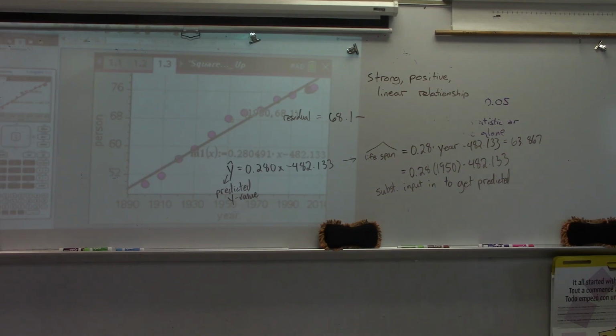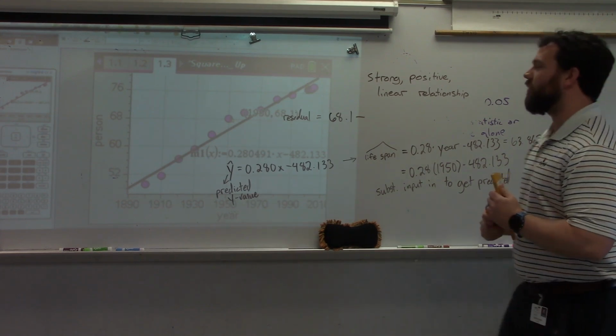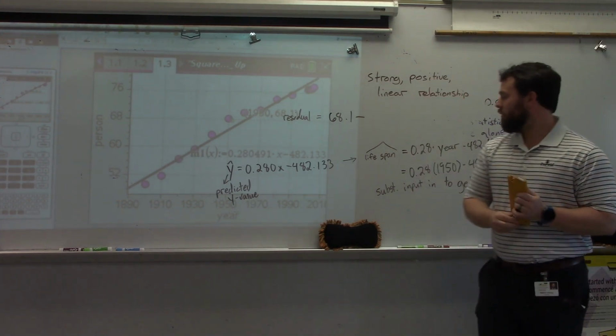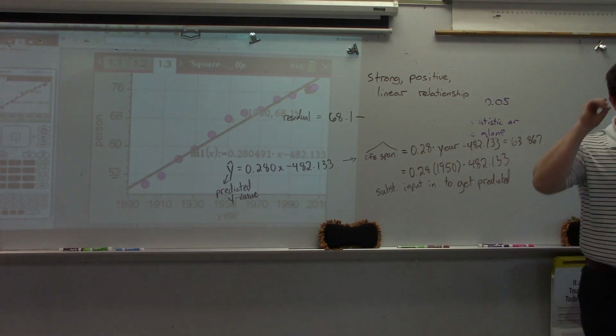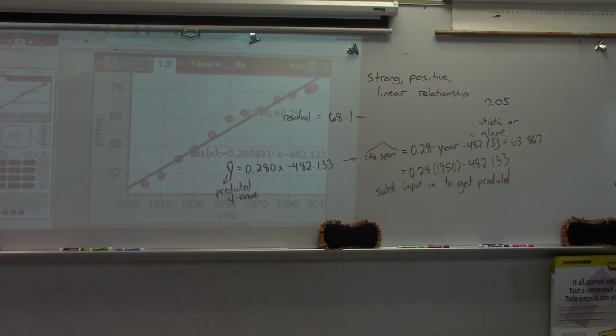Mine's 54. That just means your line is way further away than mine. I got mine to be 63.867. But this is because you have a different line. Mine's 23, because you have a way more negative y-intercept. It's fine, you just have different equations.